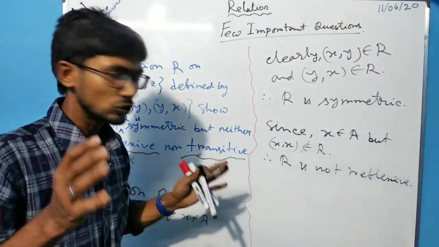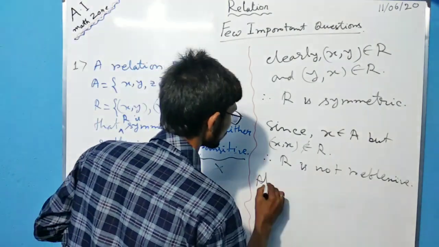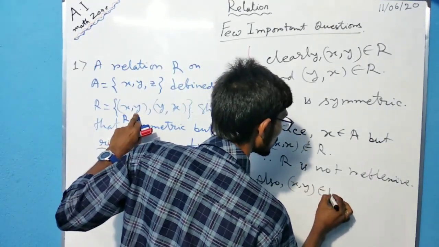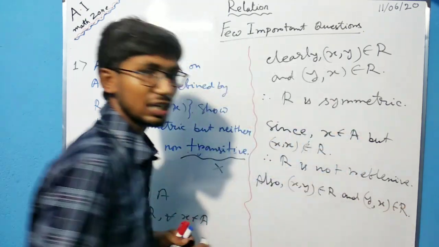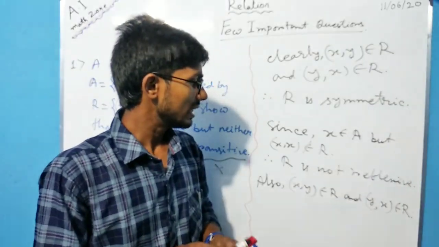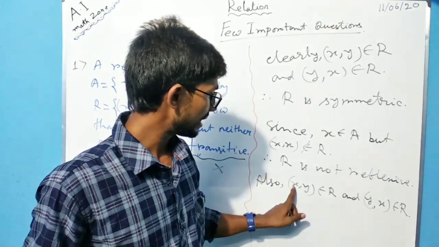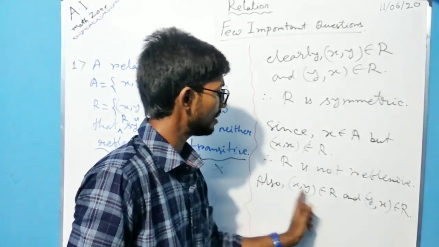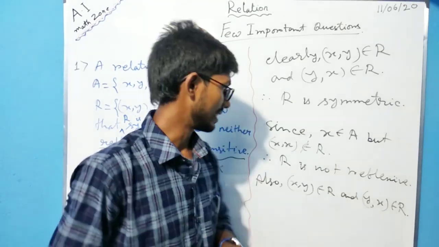Right? And next we will show that this is not transitive. Now see here, (x, y) belongs to R and (y, x) belongs to R. Now from the definition of transitivity, if a relation contains (x, y) and (y, x), then it must contain (x, x). ये जो दो एलिमेंट रहता है मिडिल में वो दोनों सेम होना चाहिए, लेकिन ए वाला एलिमेंट लेके जो एलिमेंट होता है उसको रहना चाहिए, राइट?